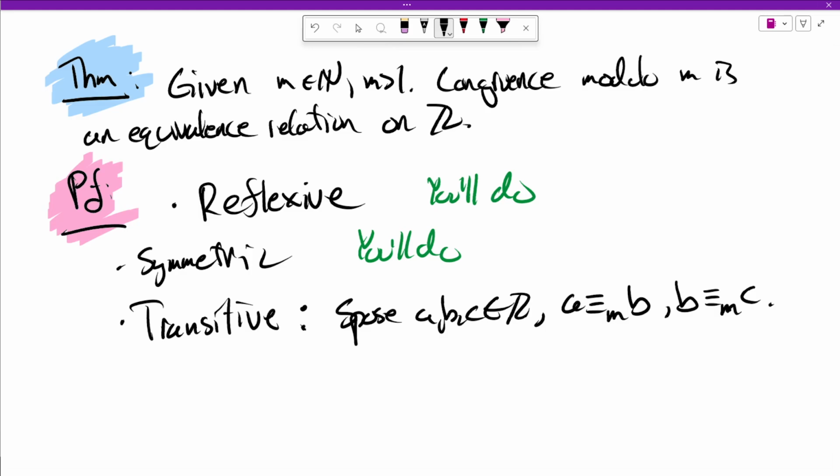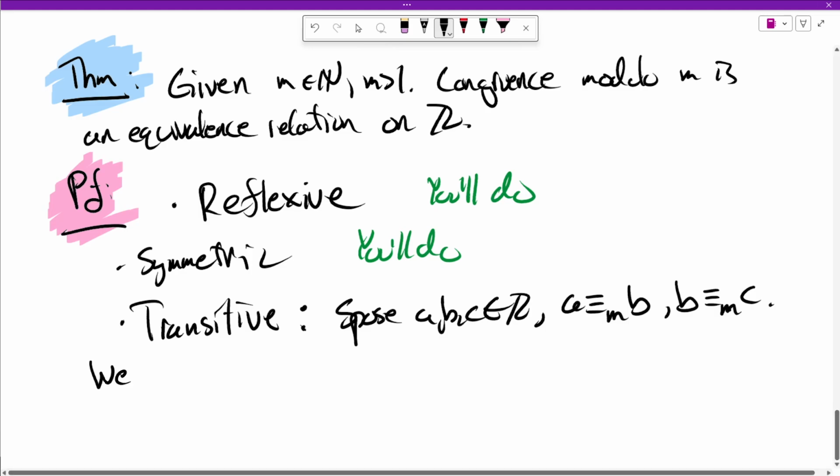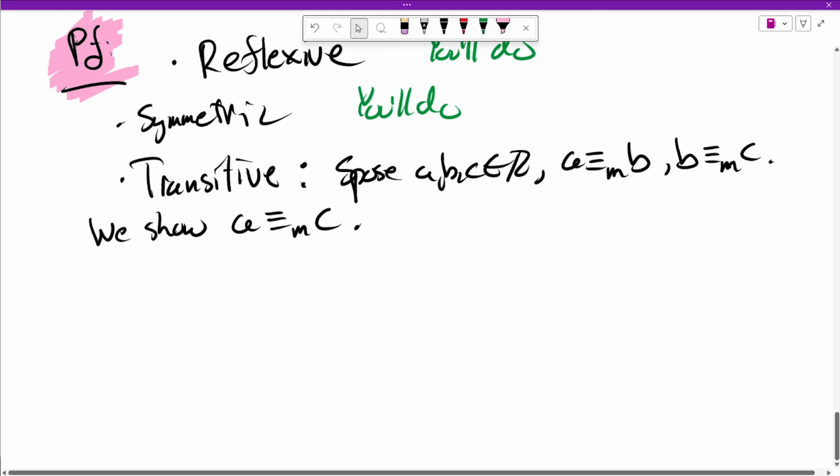But if you want to use the other notation, that's fine too. We want to show a is congruent modulo m to c. All right, so that's what we are assuming and what we want to show. Now let's write out what these symbols mean.